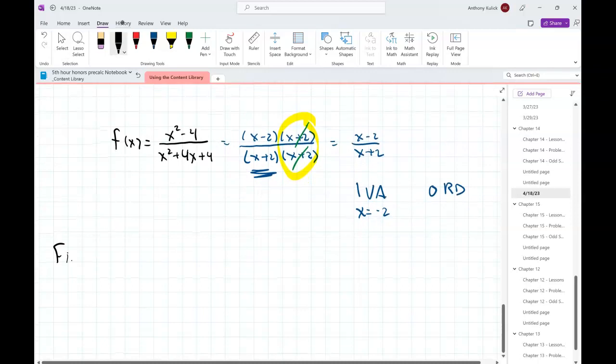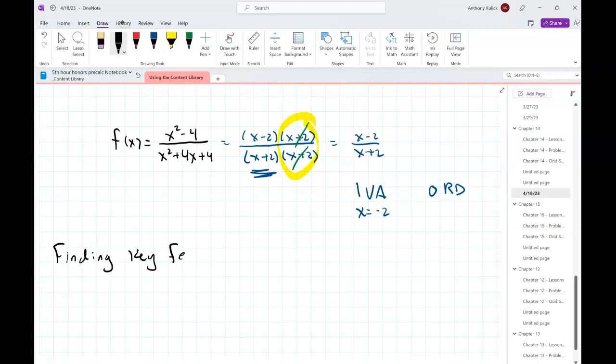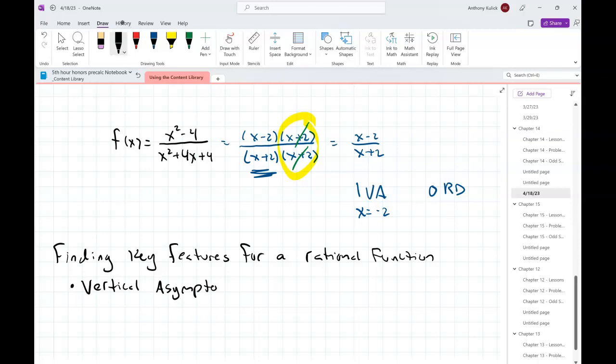What we're going to talk about next is going to be finding key features for a rational function. So we'll start with vertical asymptotes.